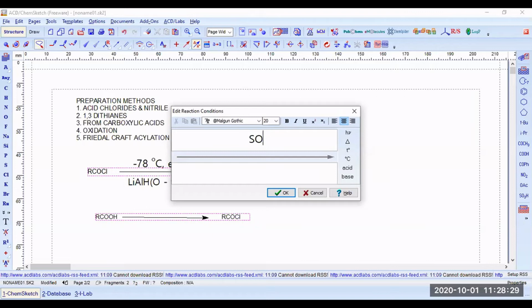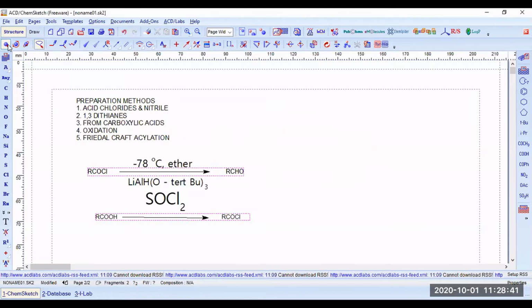SOCl2, that is thionyl chloride. If you are using thionyl chloride, directly we will get RCOCl. For any acid, if we are treating it with thionyl chloride, you will get the acid chloride.